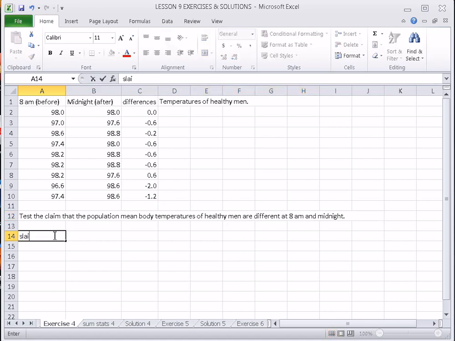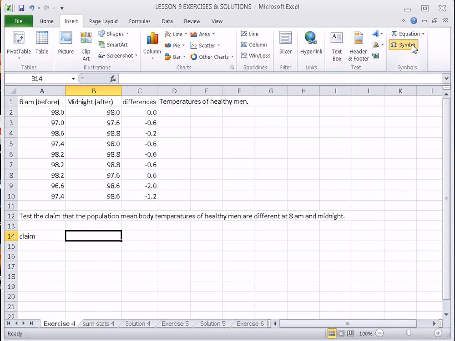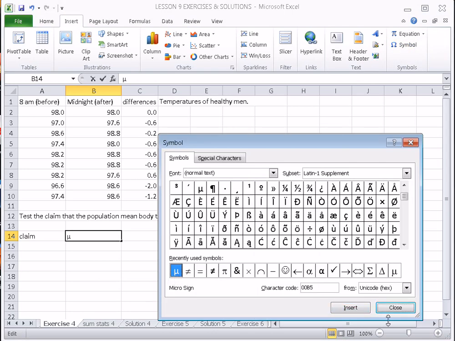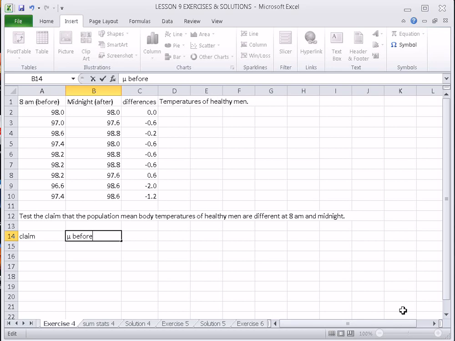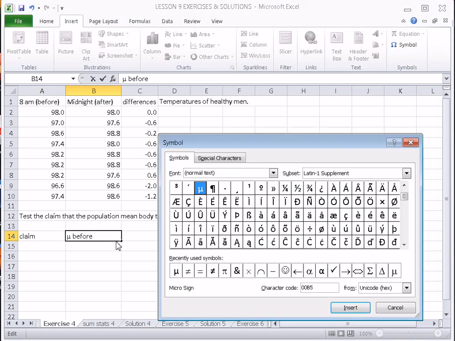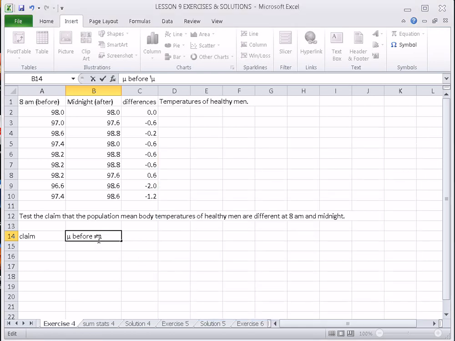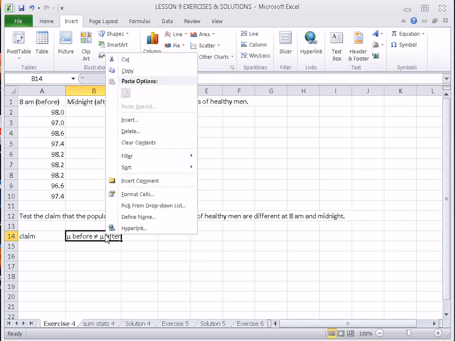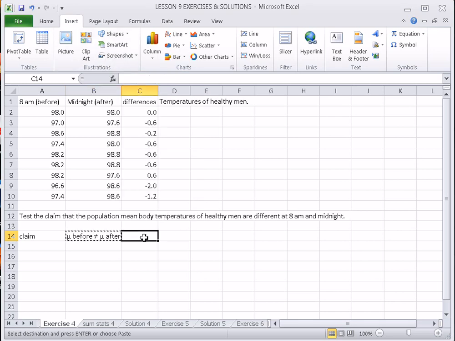So the claim is they are different, because we always like to make our claim an inequality. So the claim is that the mean before is not equal to the mean after, which is equivalent to saying that the difference between these is not equal to 0.